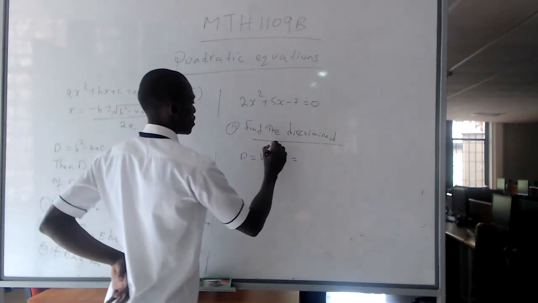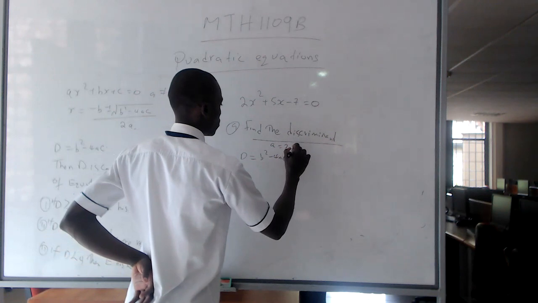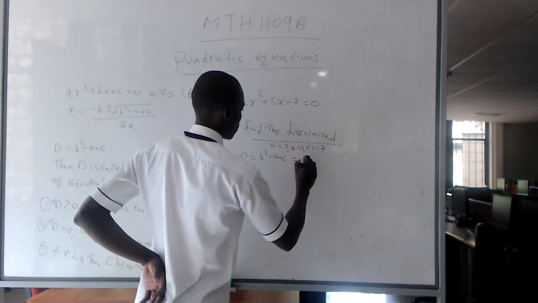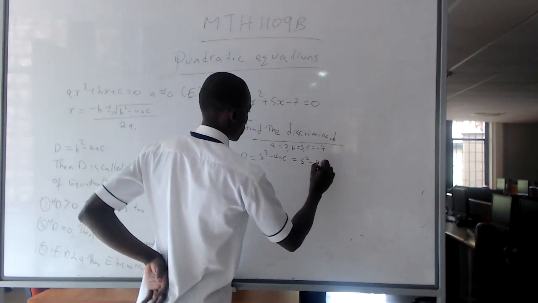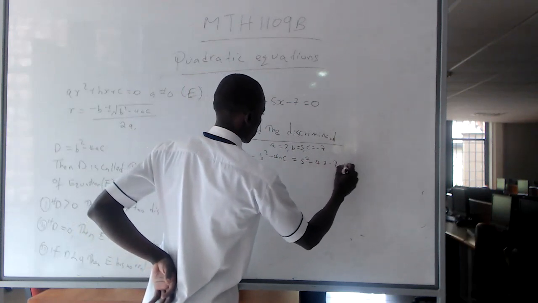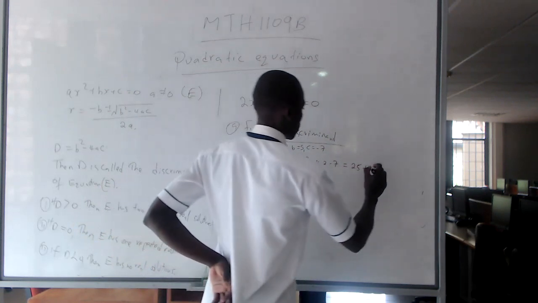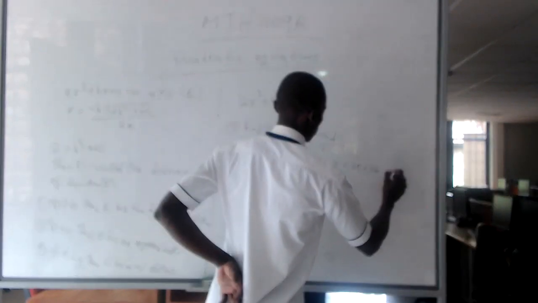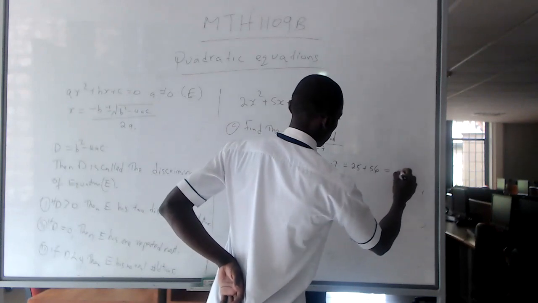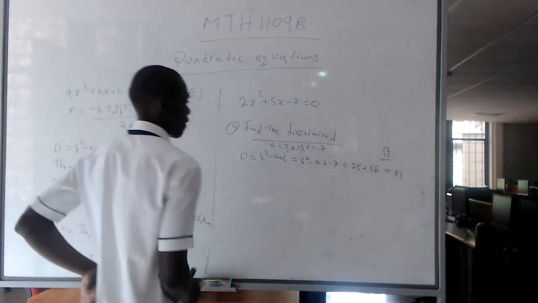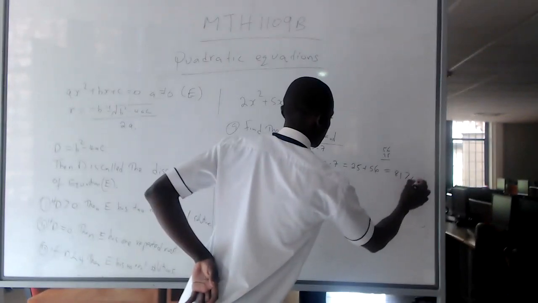So in this case, a is 2, b is 5, c is minus 7. So this should be 5 squared minus 4 times 2 times minus 7, which is 25 plus 8 times 7, which is 56. 56 plus 25 gives 81, which is greater than 0.